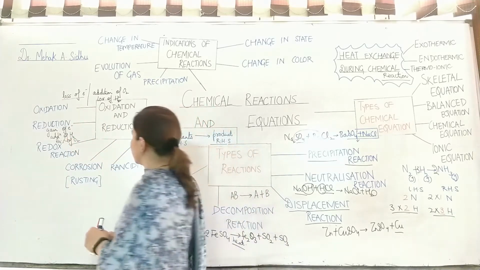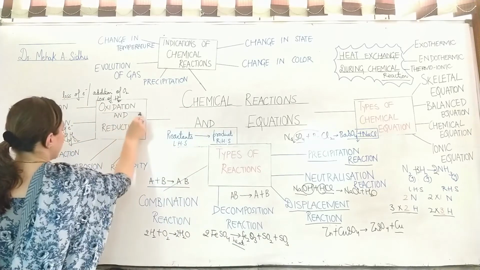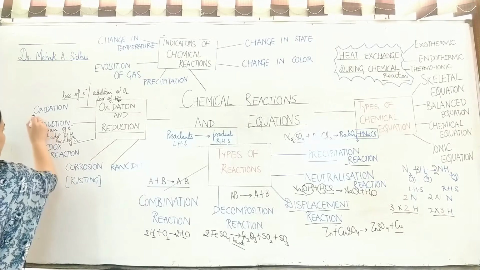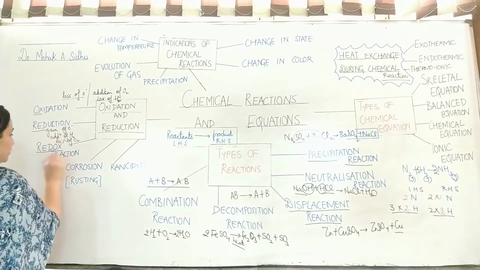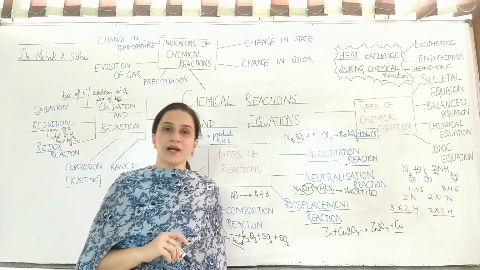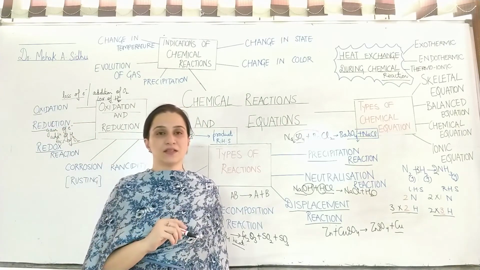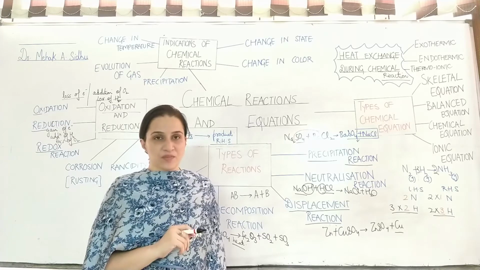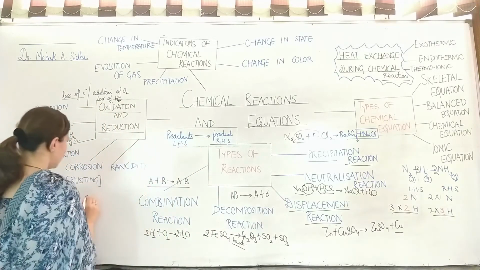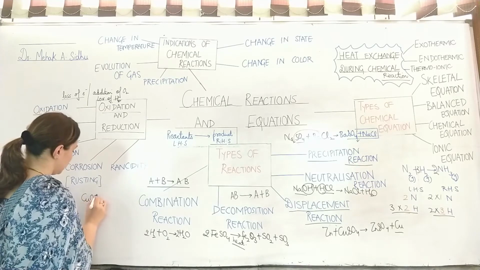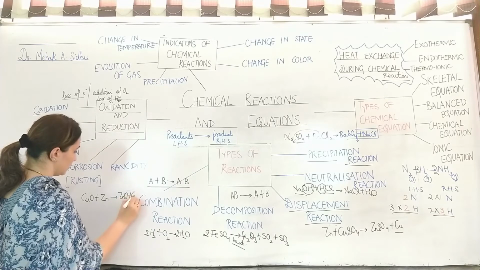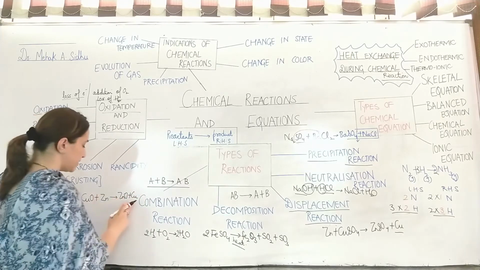When both reactions, oxidation and reduction, are occurring simultaneously, that is red and ox, then they form redox. Redox reactions are those where both oxidation and reduction are occurring simultaneously, that means at the same time. For example, CuO plus Zn giving ZnO plus Cu.